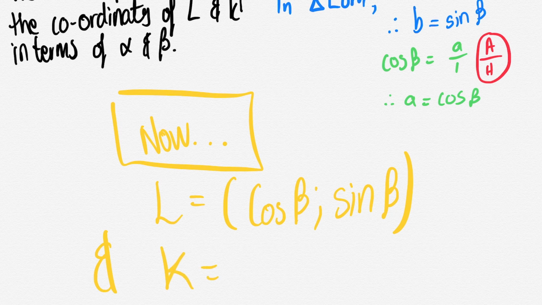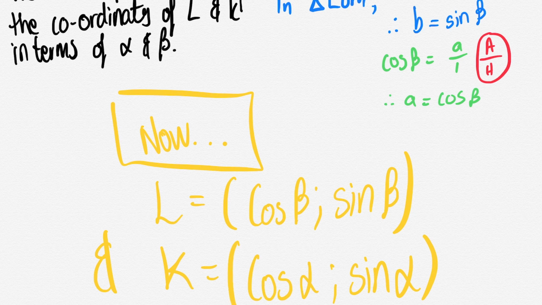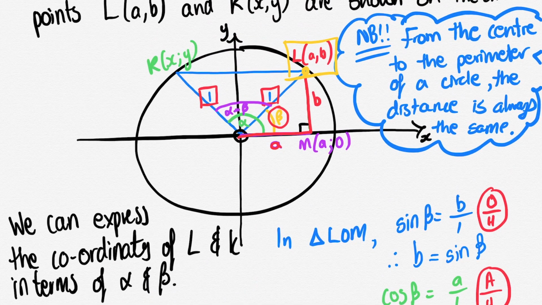So we say that K is equal to cos of alpha and sine of alpha. And there we have it. So there we go, there's K, cos of alpha in the green, and sine of alpha for the Y in the green.